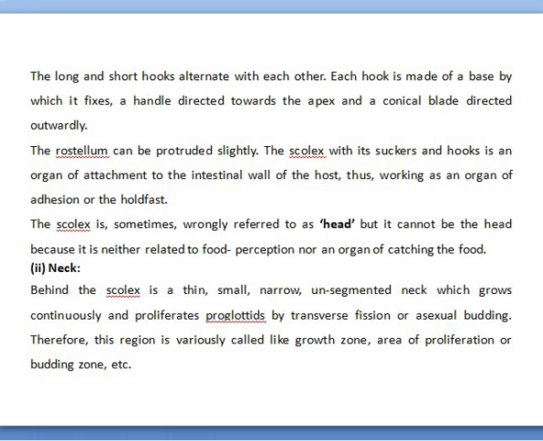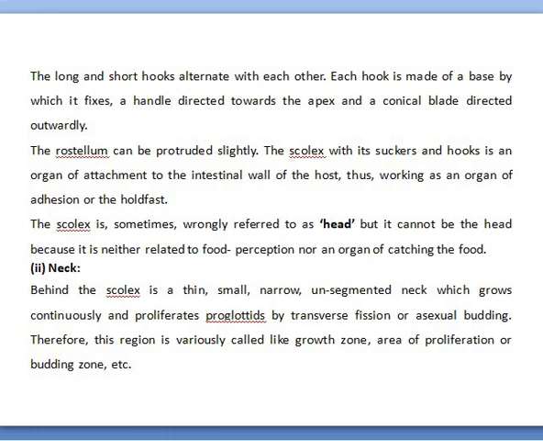Each hook is made up of a base embedded in the scolex. The rostrum can be protruded slightly. The scolex with its suckers and hooks is an organ of attachment to the intestinal wall of the host, thus working as an organ of adhesion, or the hold fast.